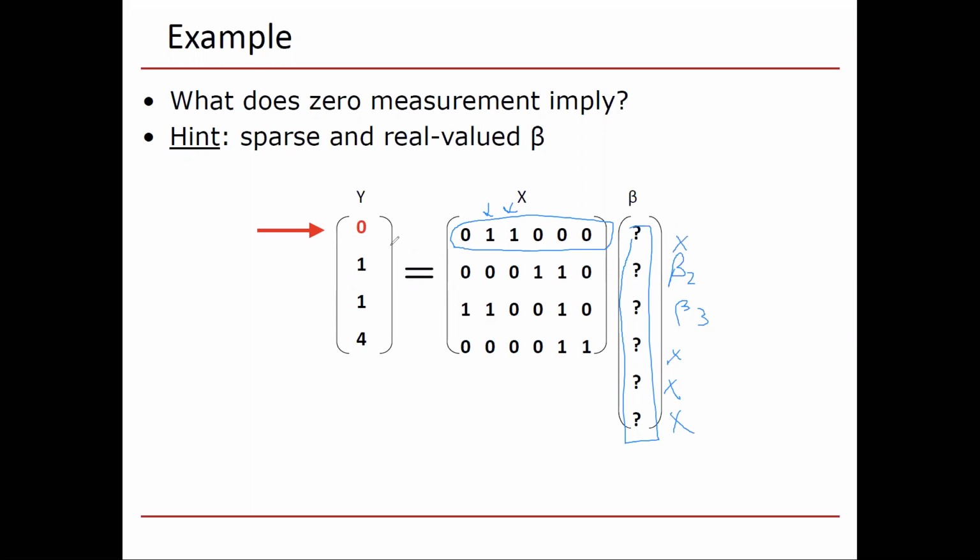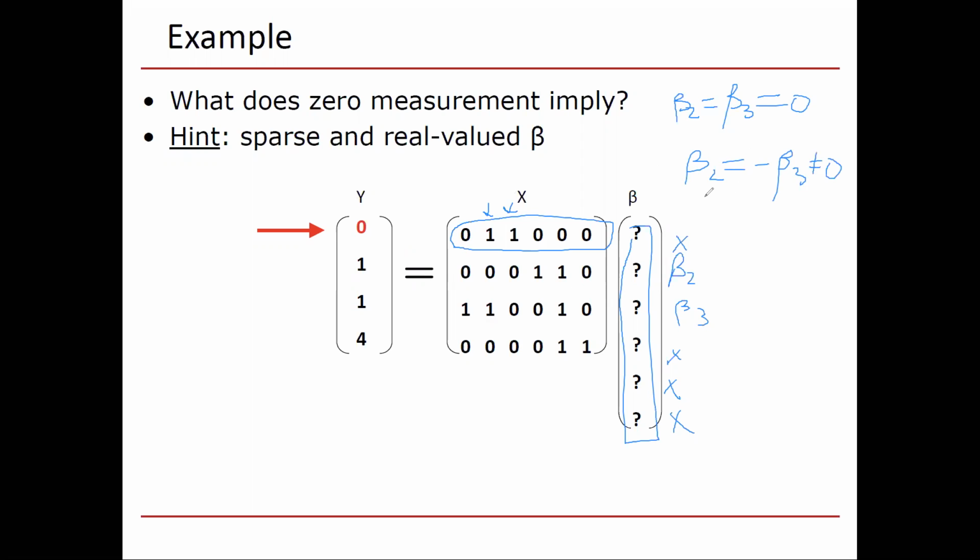Now recall, beta is sparse and real valued. So what does it tell us if there's a 0 measurement? So thinking through this, one possibility is that beta 2 is equal to beta 3, and they're both equal to 0. Another possibility is that beta 2 is equal to negative beta 3, and they're both non-zero.